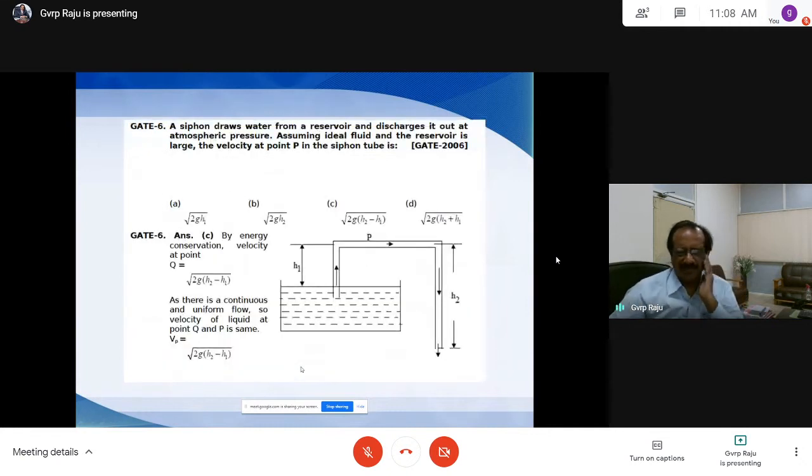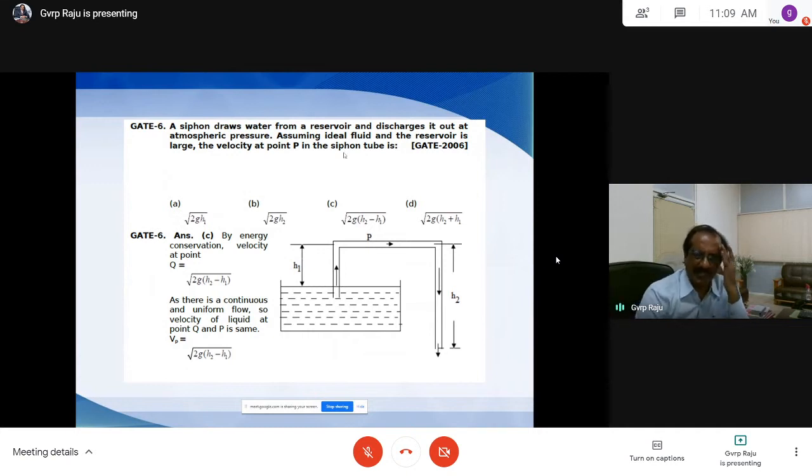So this is a siphon problem. Normally a siphon draws water from the reservoir. This is also a siphon problem. I will come to the flows afterwards. But meanwhile, the velocity V is equal to square root of 2gh. If you use Bernoulli's equation later on in the fluid chapter, we will be explaining that. We will be discussing that in the future.